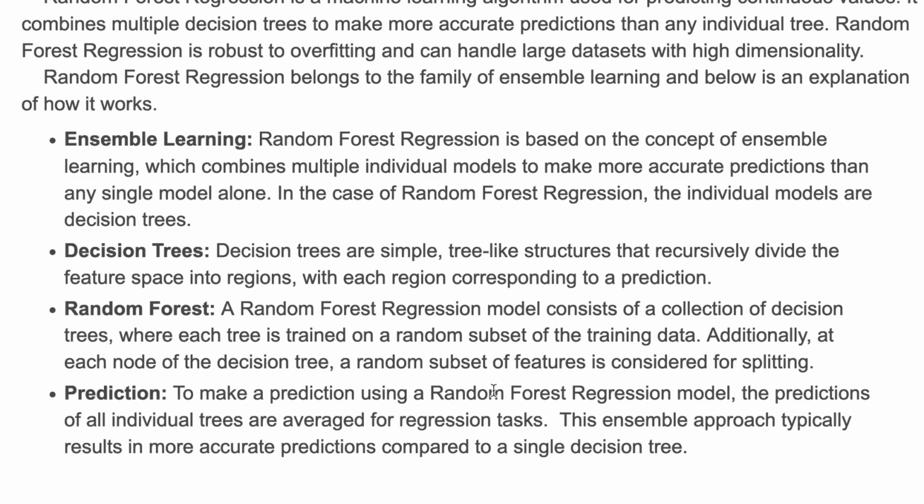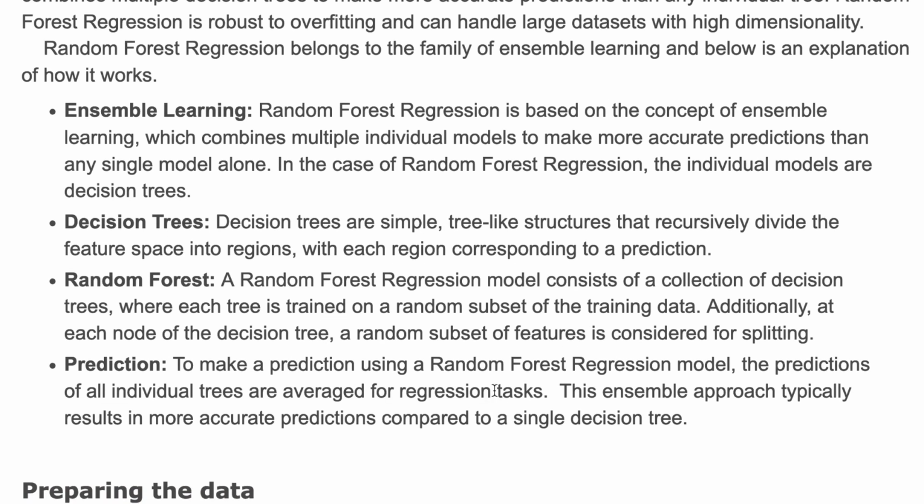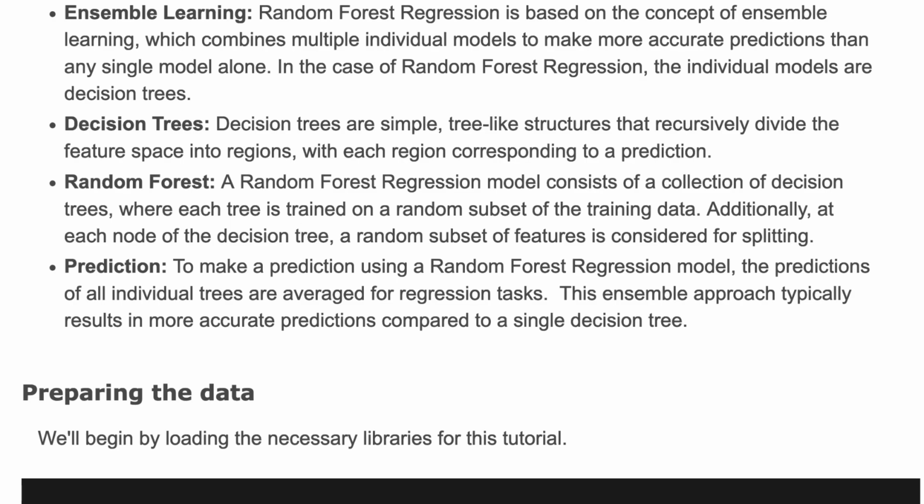Additionally, at each node of the decision tree, a random subset of features is considered for splitting. To make a prediction using a random forest regression model, the predictions of all individual trees are averaged for the regression task. This ensemble approach typically results in more accurate predictions compared to a single decision tree. This is a brief overview of random forest regression.